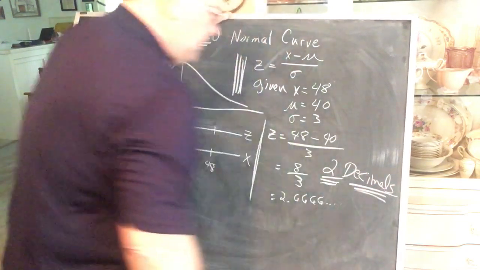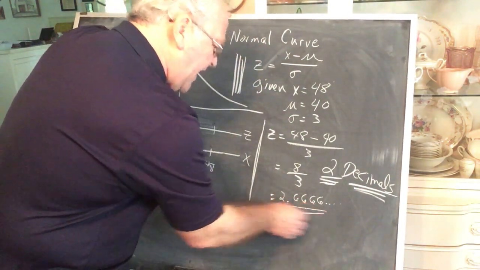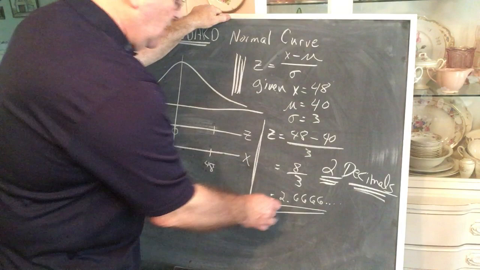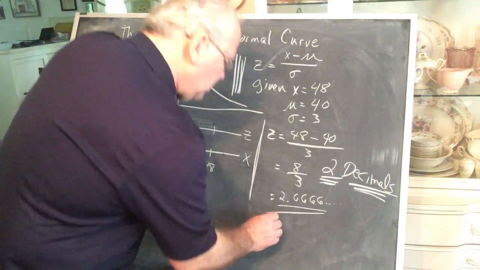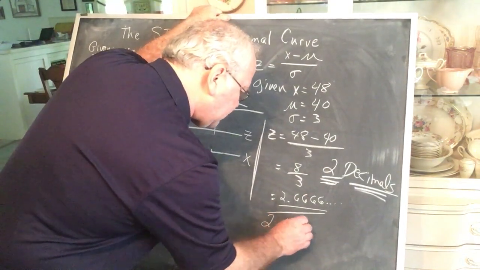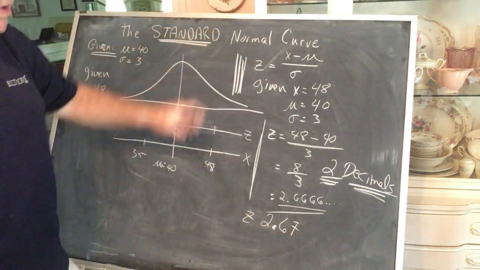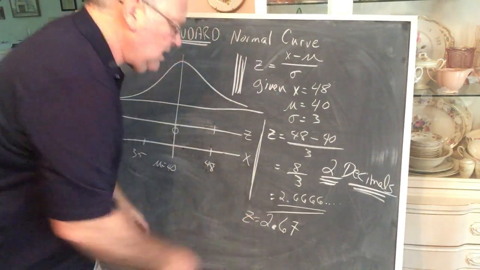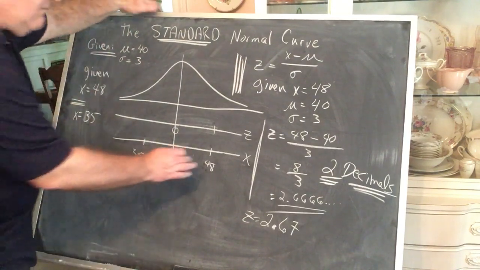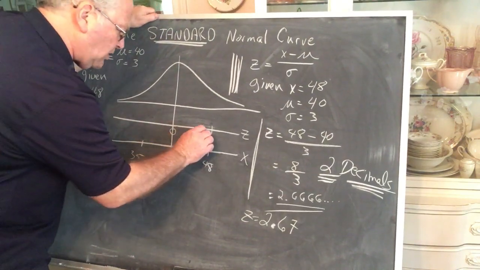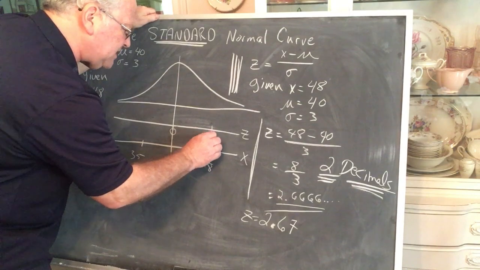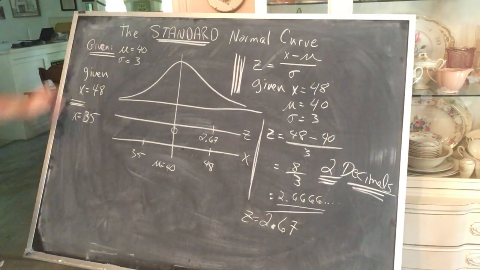You'll see why in a little bit, but for now, round everything to 2 decimals. Don't use 2.66. Use 2.67. So for our purposes, our z-score is going to be 2.67. 48 in the x language corresponds to 2.67 in the z language.